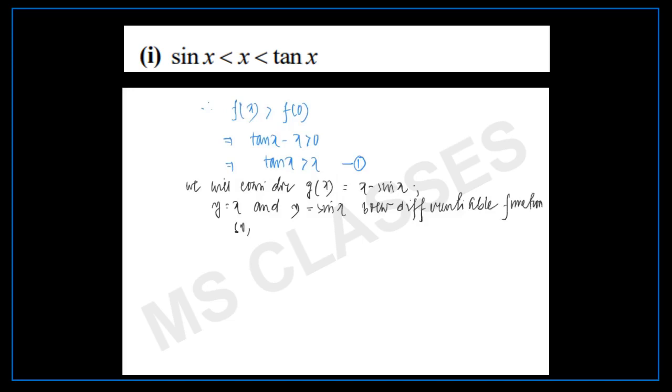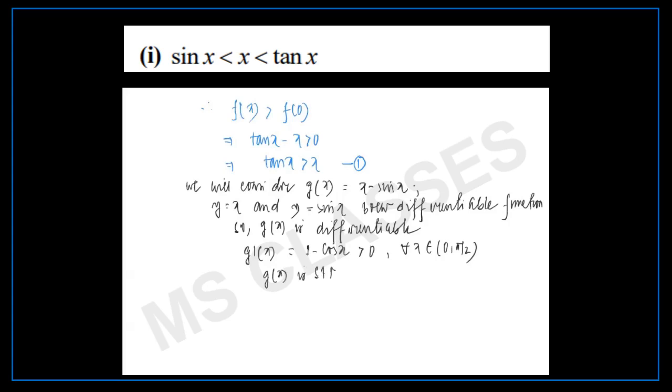So g(x) is differentiable. So g dash x we find is 1 minus cos x greater than 0 for all x belongs to 0, pi by 2. So g(x) is strictly increasing for all x belongs to 0, pi by 2.